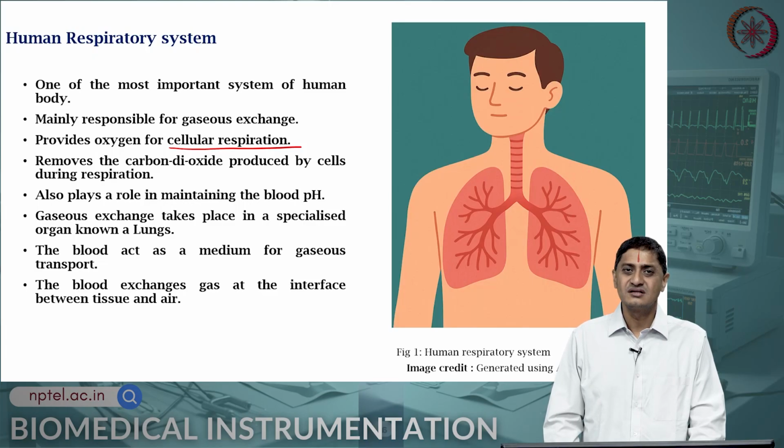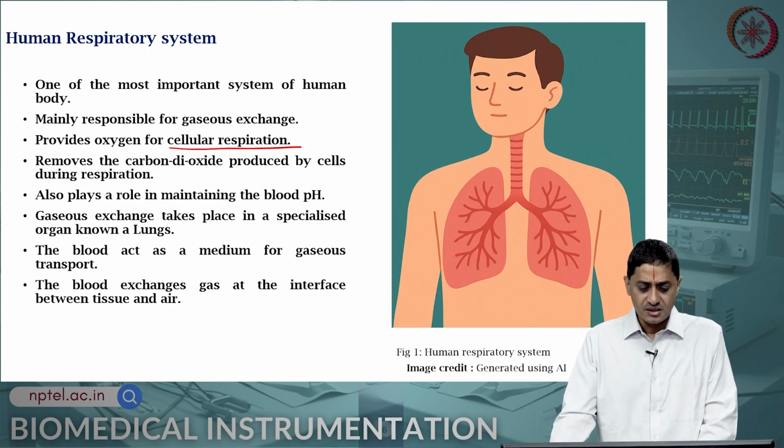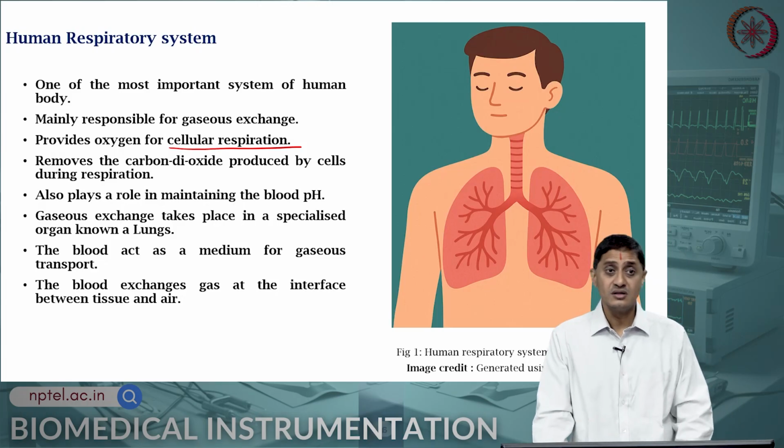Otherwise, if there is no oxygen, they will die and essentially cause death of the person, right. And the other function is to remove carbon dioxide, that is produced as a byproduct of metabolic processes, right.